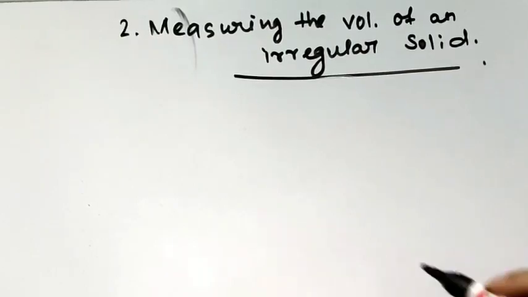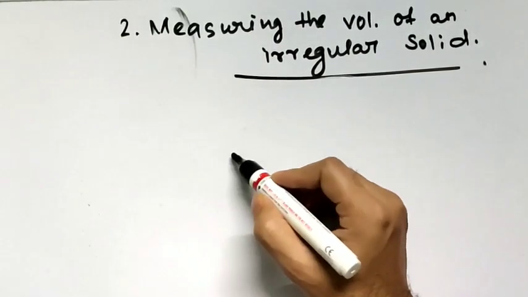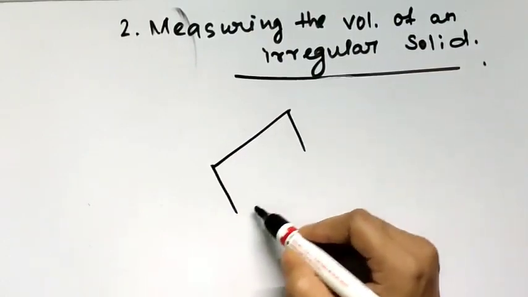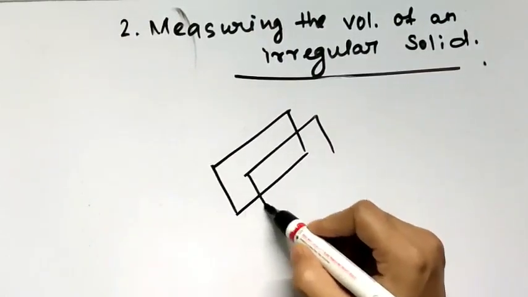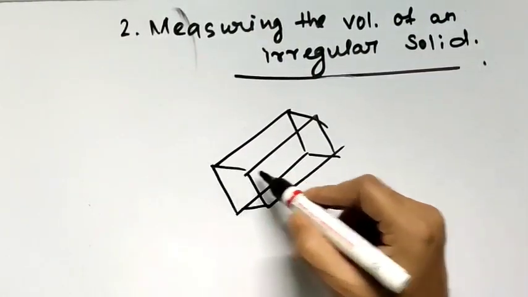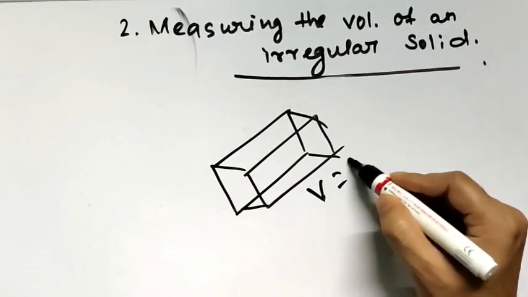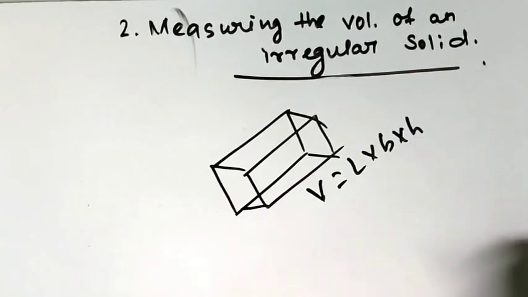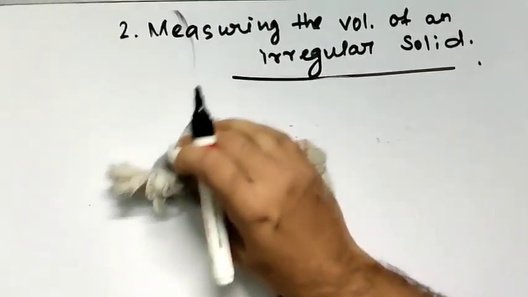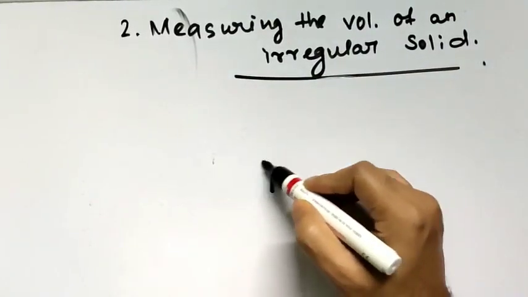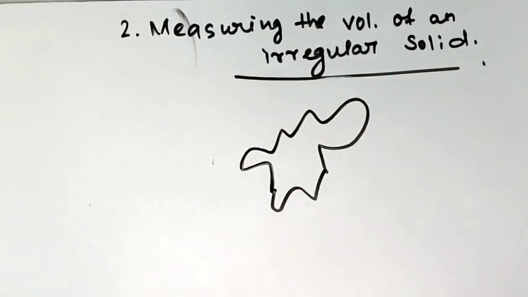If I have a solid object in the shape of a cuboid, you can easily measure the volume with the formula length into breadth into height, right? But if we have a solid object which has no proper shape, which looks like this, then how will you measure the volume of that particular solid?